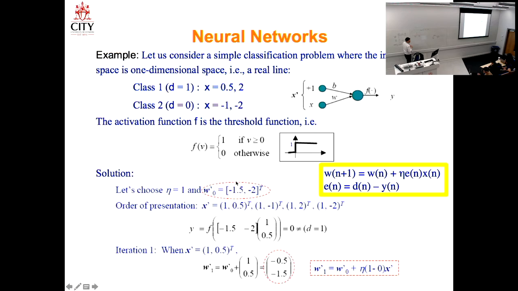Okay. And the activation function is a simple one. It's, I say it's 1 if v is greater than 0, and it is 0 otherwise. So it's a very, very simple thing.